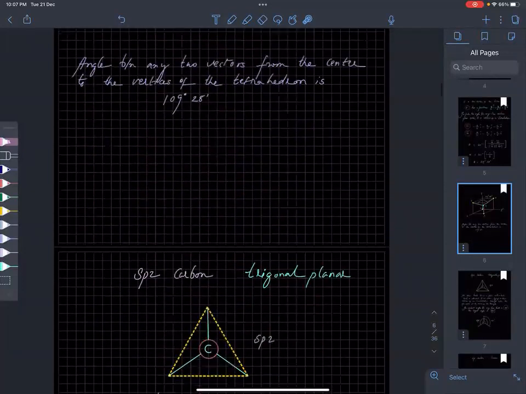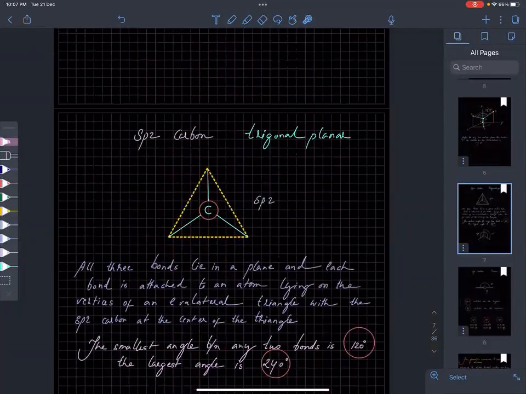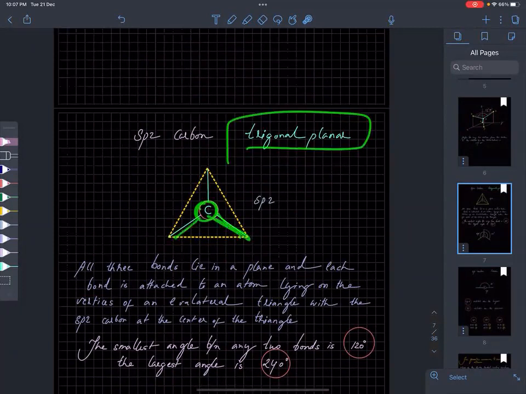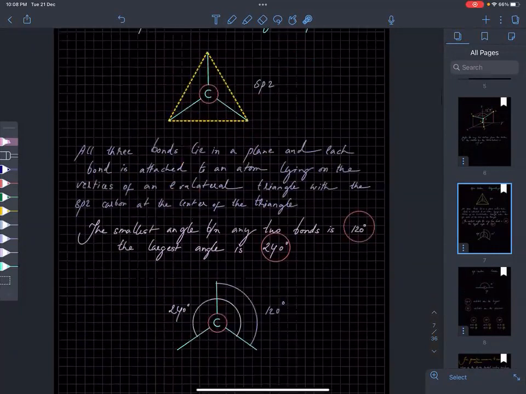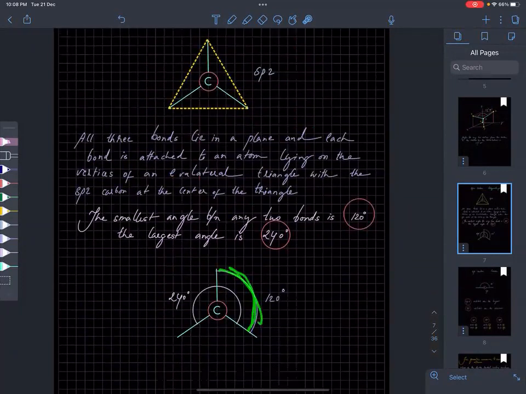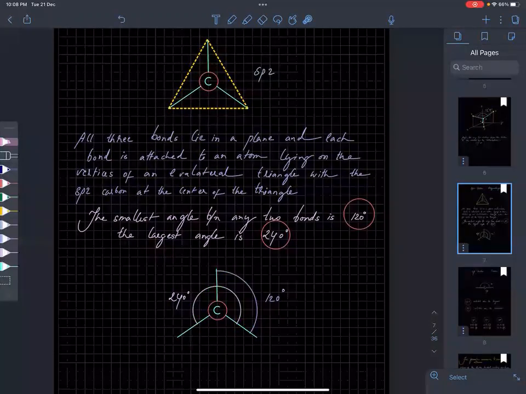What about sp2 carbon? sp2 carbon is a trigonal planar structure. Carbon will be at the center and the three bonds will be in a plane, and this angle will be 120 degrees. The angle between these two will be 240 if you go from this side. If you go from this side, it will be 120.